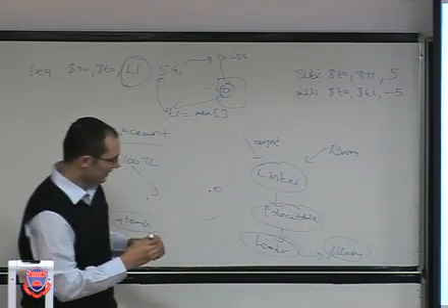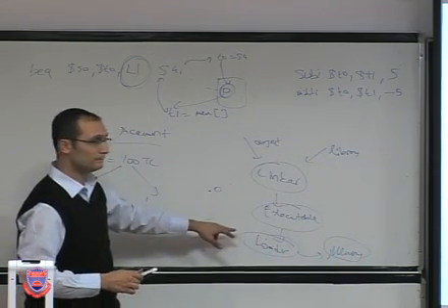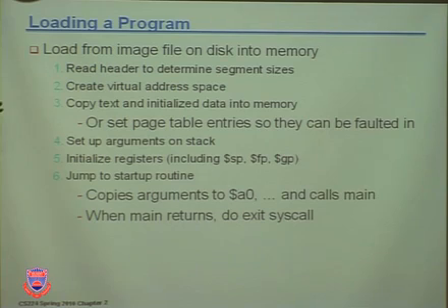To achieve this, the loader needs to perform a couple of tasks. First of all, it will read the image from the disk and then identify the size of each segment in memory and create a virtual address space if that's necessary, and then copy the text and initialized data into the memory.